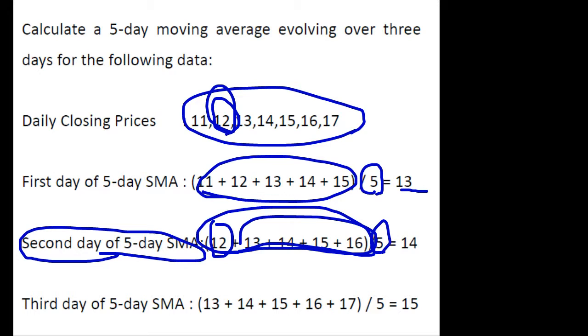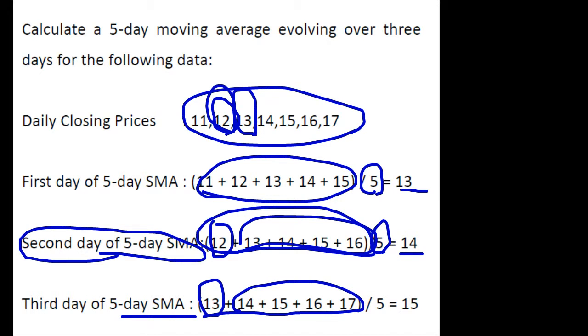You can get the result 14. For the third day, you choose the third number of this set, 13, add up the following 4 numbers and divide by 5. You will get the result 15.